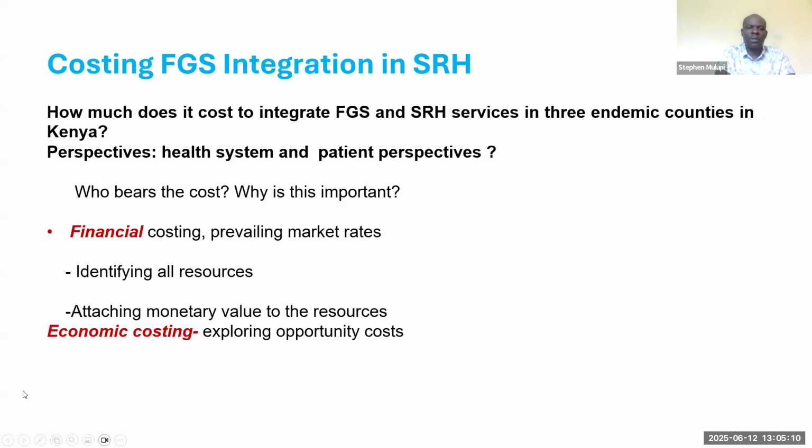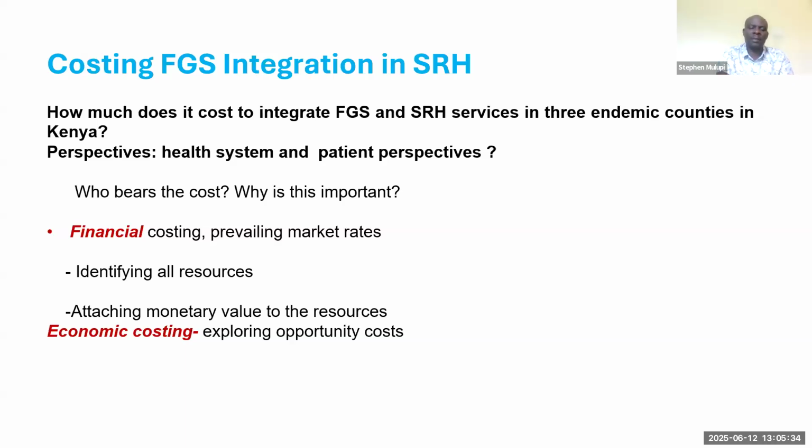So when you're costing, you want to really understand the perspective, and this indicates who is paying for the health services. In this case, we used the health system perspective, predominantly taking the perspective of the county government, of the Ministry of Health, paying for services and therefore being able to budget.